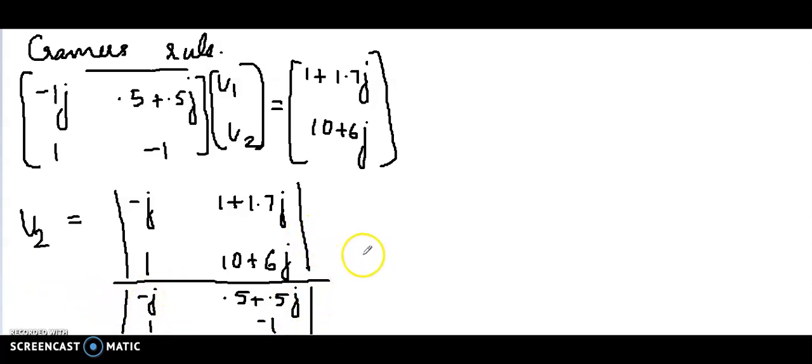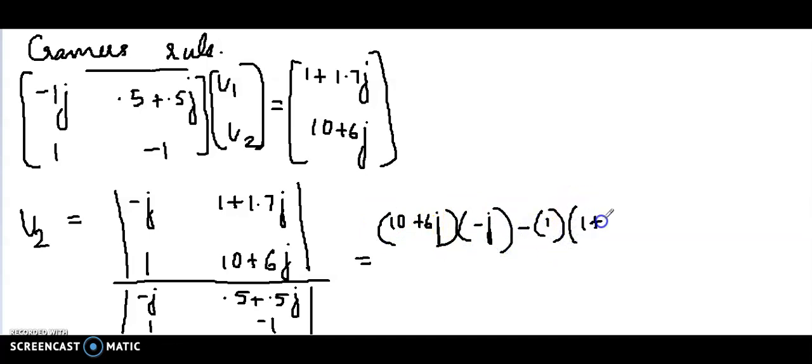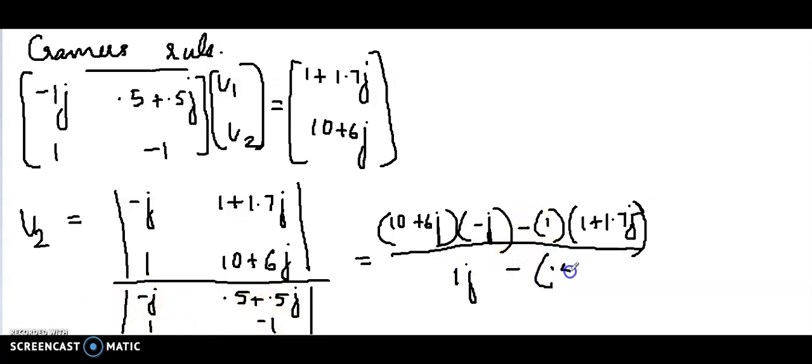Then you will get the numerator as 10 plus 6j into minus j minus 1 into 1 plus 1.7j, and the denominator will have minus j times minus 1, minus minus will become plus, minus 0.5 plus 0.5j.